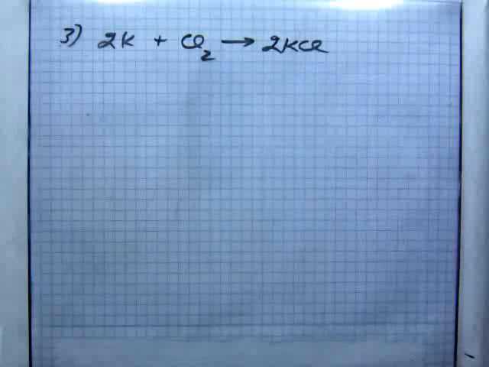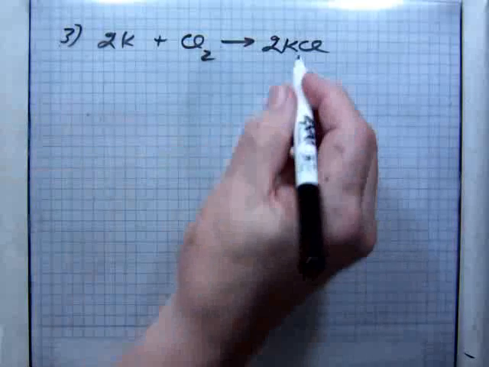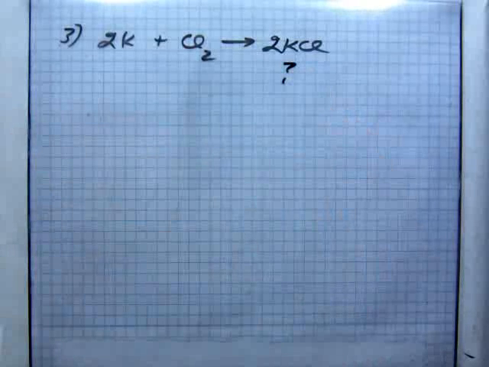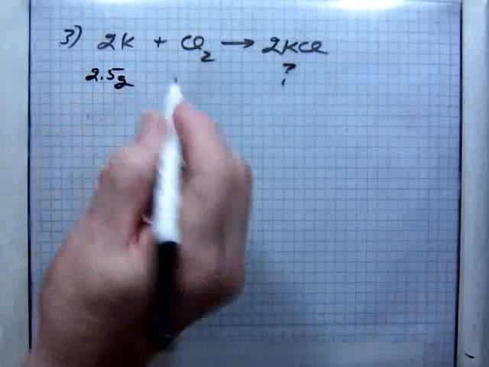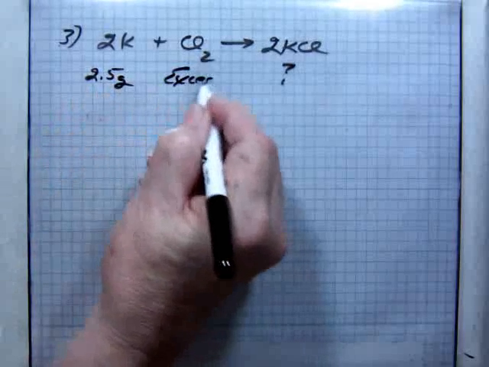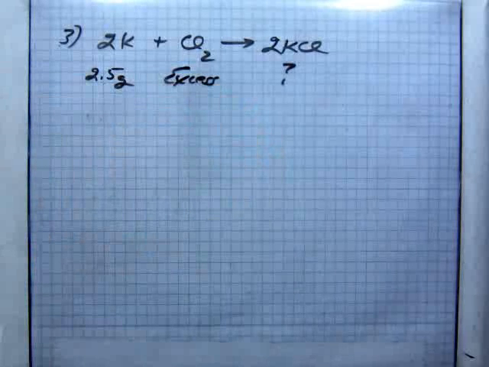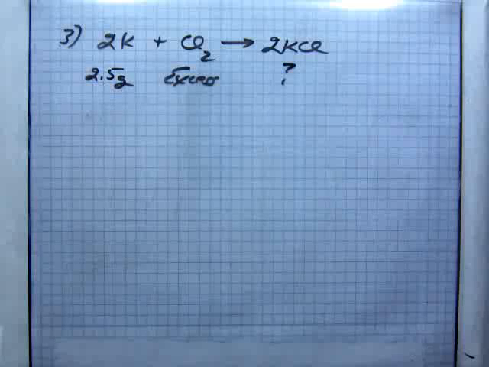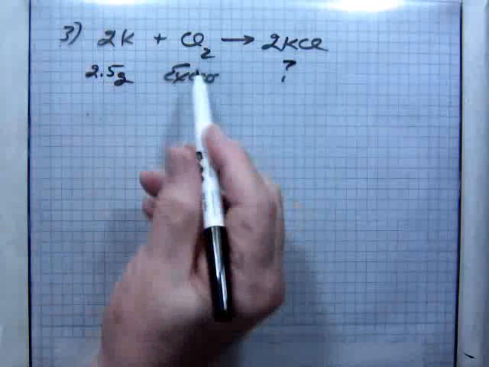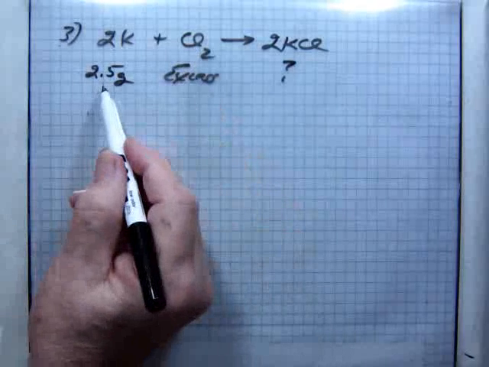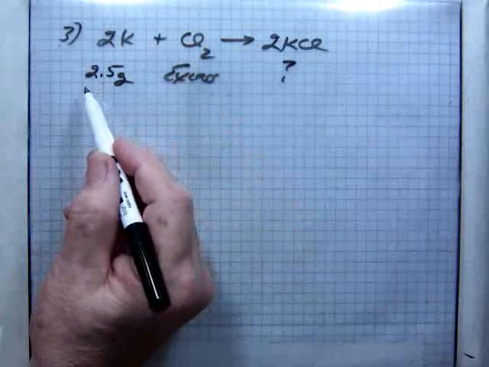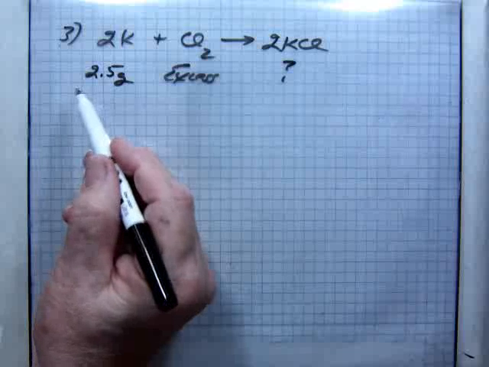Okay, the question is, how many grams of potassium chloride will be produced from 2.5 grams of potassium in an excess of chlorine gas? When a reaction is given such that one of the components is in excess, then it means this one will be the dominant component.